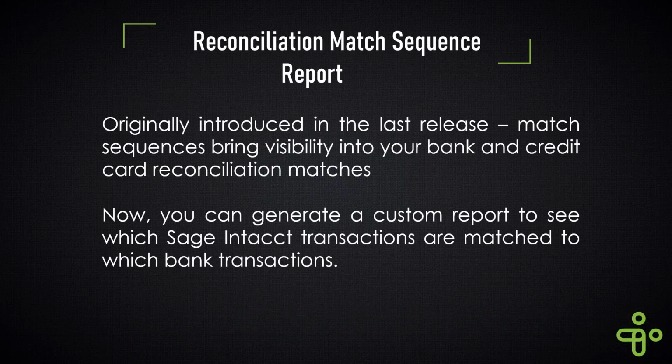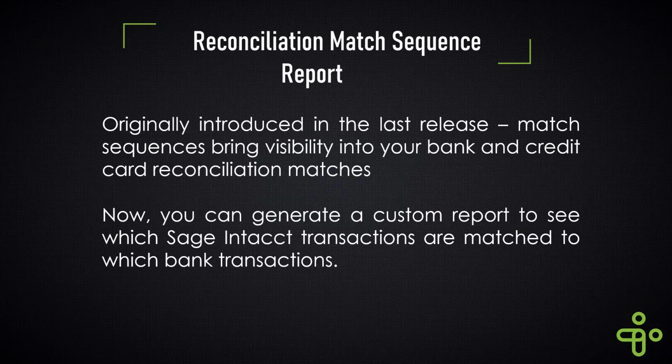The next one that I wanted to talk about very quickly is that there now exists a reconciliation match sequence report. Once again, this was originally introduced in the last release, but it didn't really cover off everything that you needed.